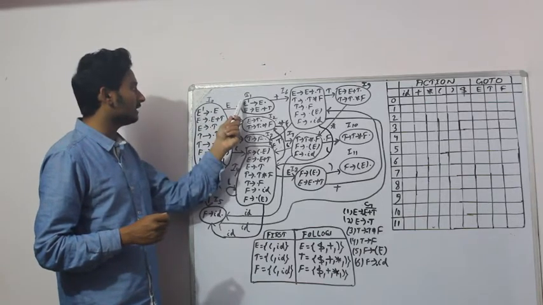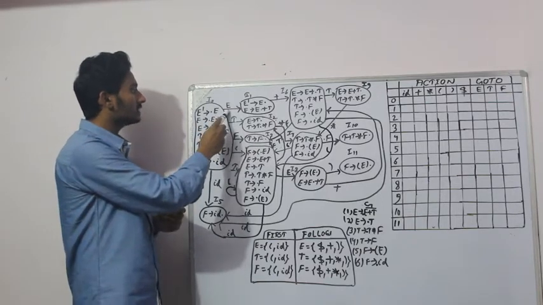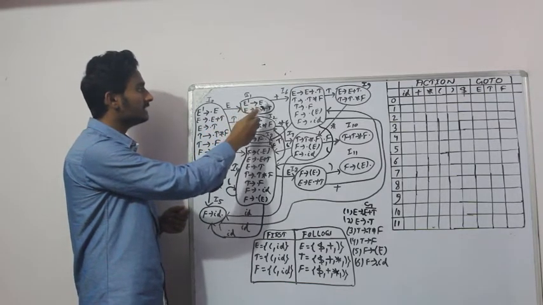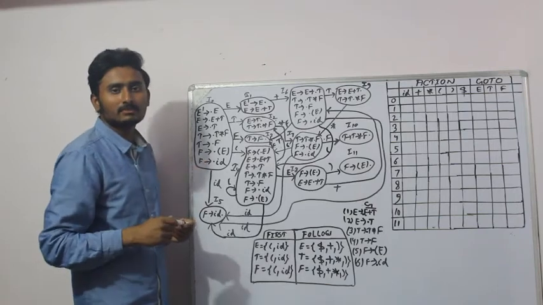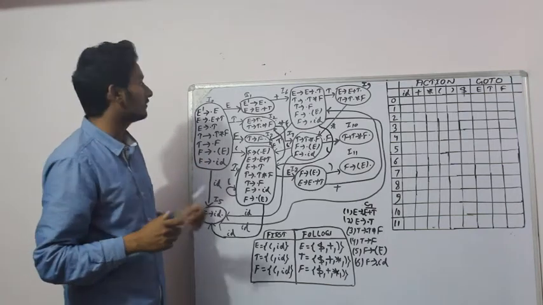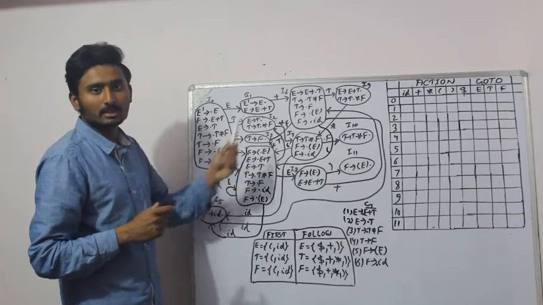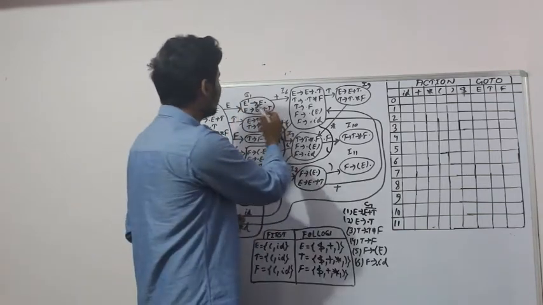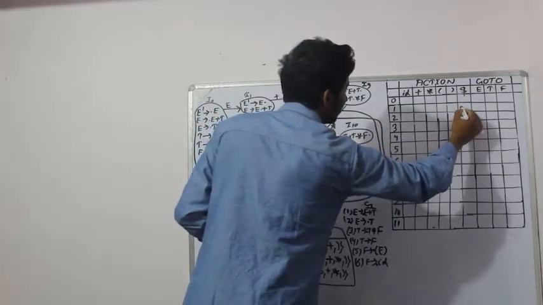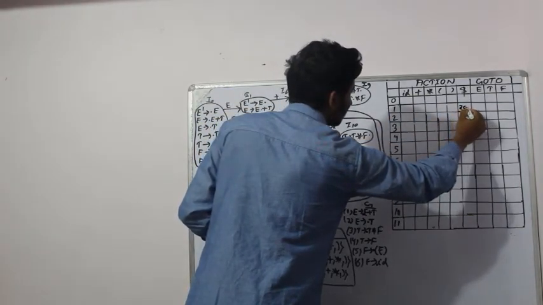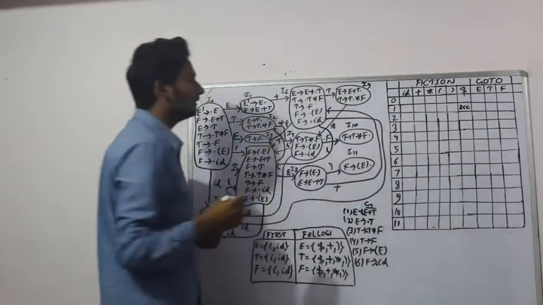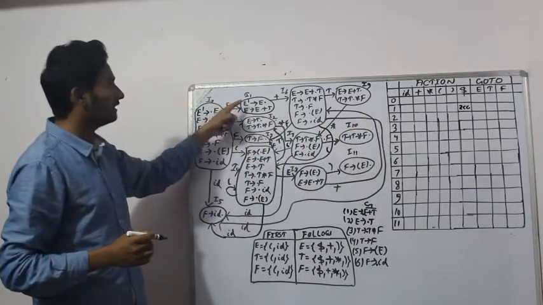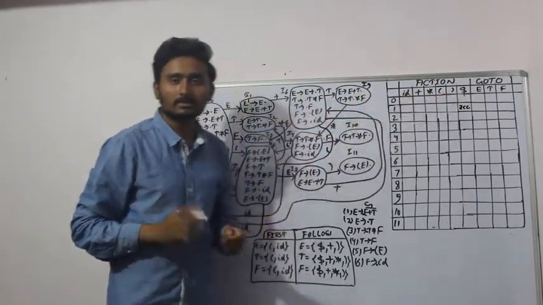From I0 to I1, when we have the transition on E, we get E' derives E dot. It means that we have successfully completed the scanning of this production. So in I1, for the dollar symbol, we write accept.